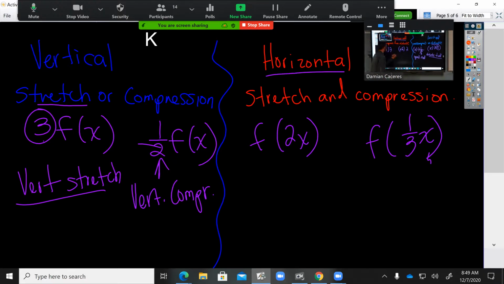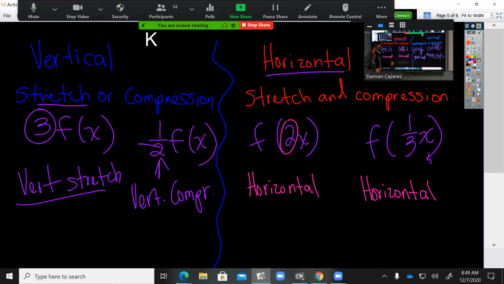You have to call it horizontal. But here's the key. What do I always say about horizontal? It's backwards. So if you multiply it by a number bigger than 1, instead of being a stretch, it's actually going to be a compression. And if you multiply it by something smaller than 1, instead of being a compression, it's going to be a horizontal stretch.